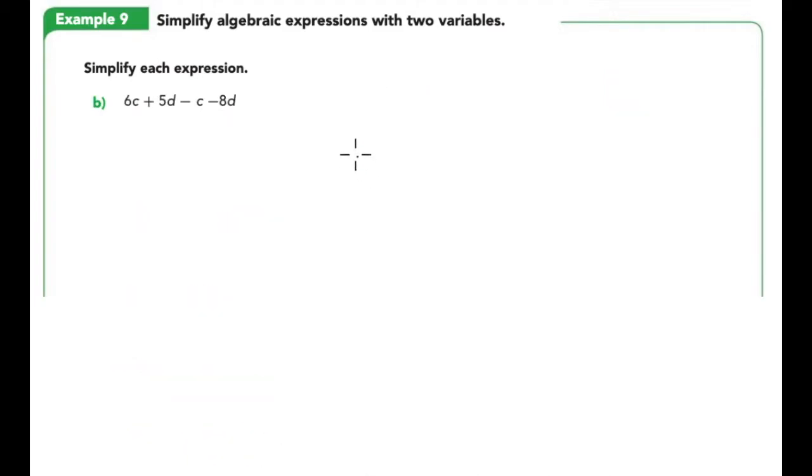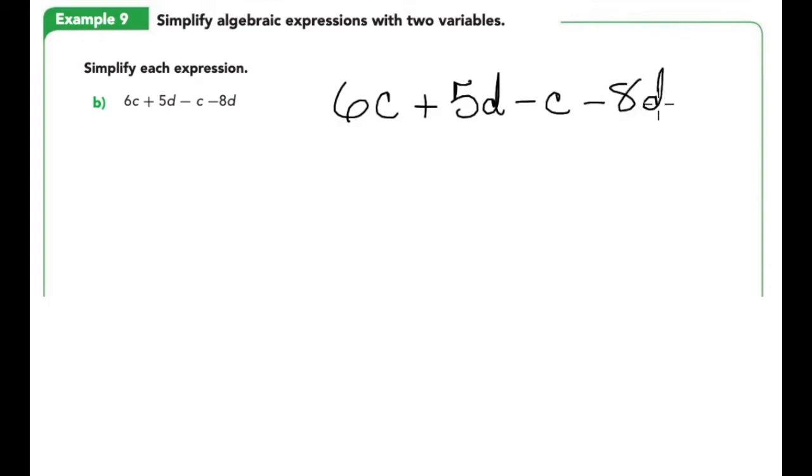For our next expression, we have 6c plus 5d minus c minus 8d. So when we split here, I have 6c plus 5d minus c minus 8d.